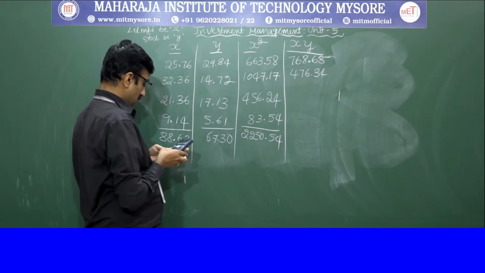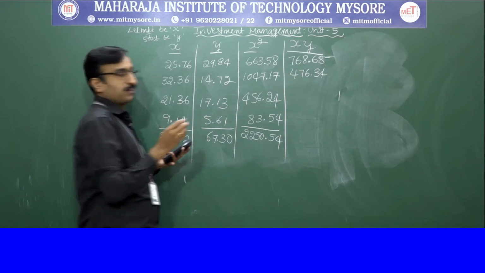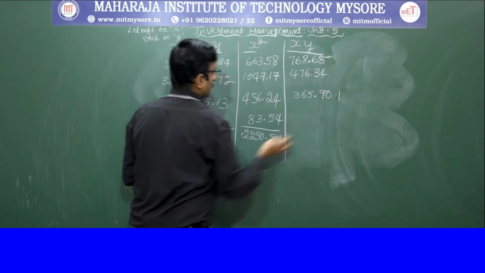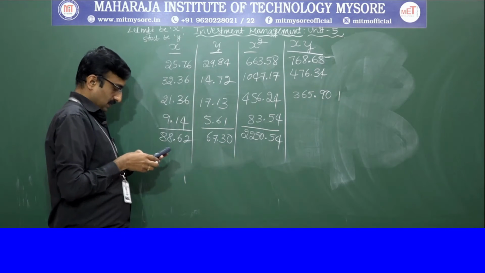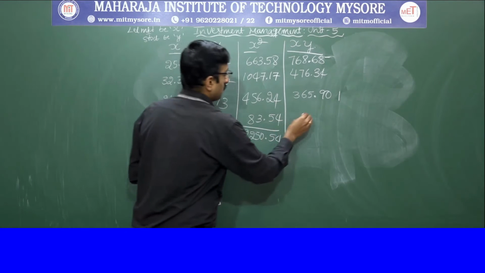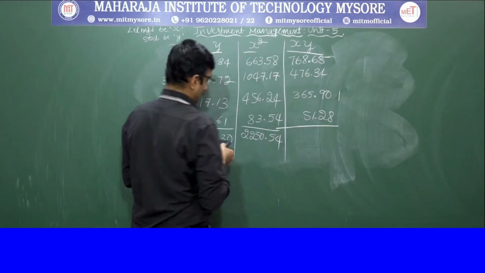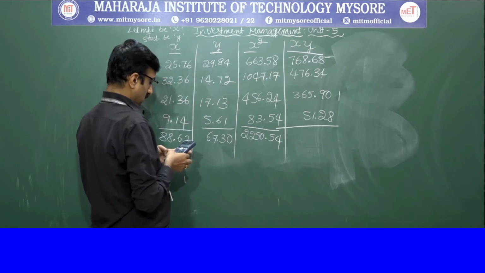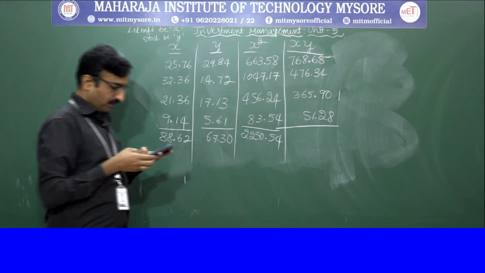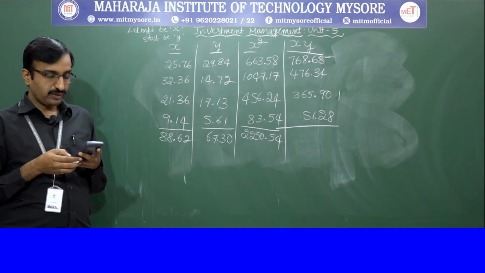Third one, you will get 365.90. Lastly, we will get 51.28. Do sum of this. You will get 1662.20.